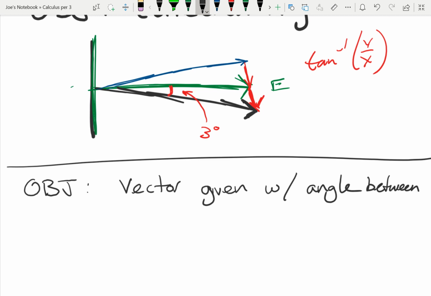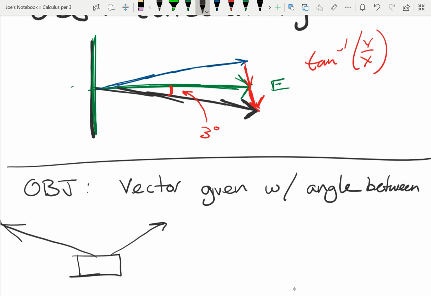So that usually comes in something like one guy is pulling like that, and another guy is pulling like that. What's the resultant vector on that object?